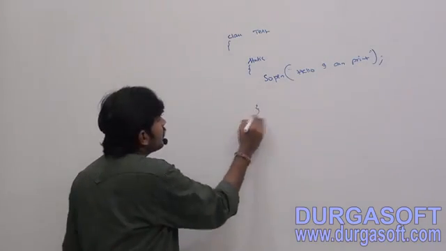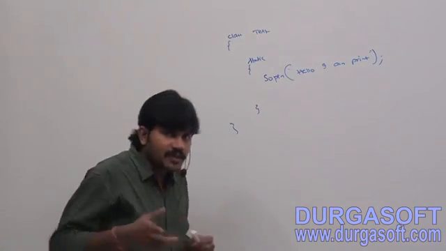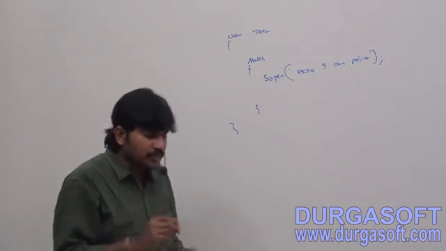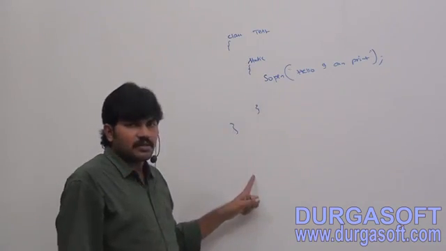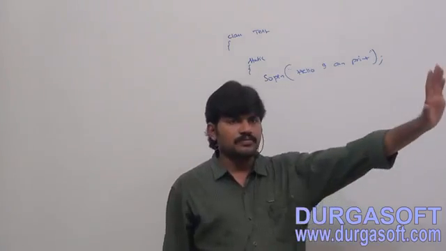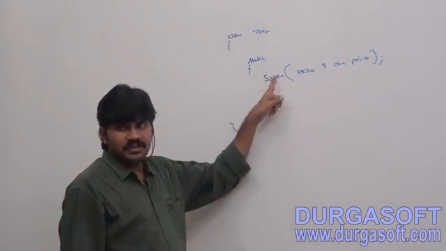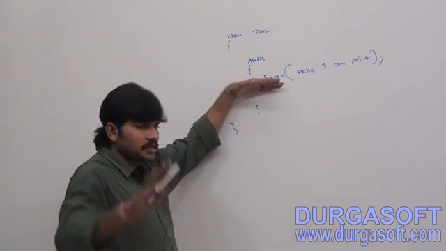The static block is executed, and after that my JVM always searches for the main method, but the main method is not there. Immediately we will get NoSuchMethodError: main. So don't search for the main method, because my job is already completed. Shut down the JVM here only.